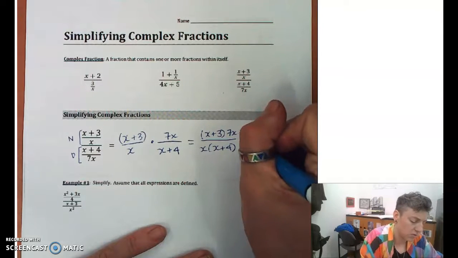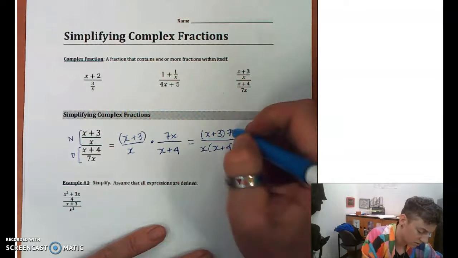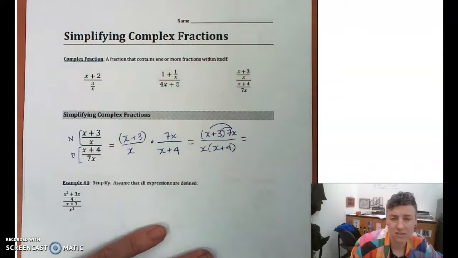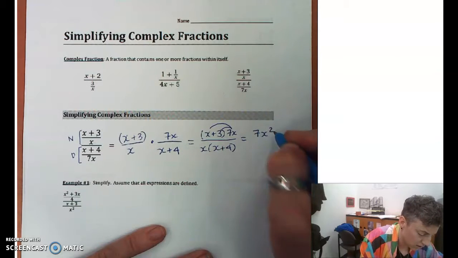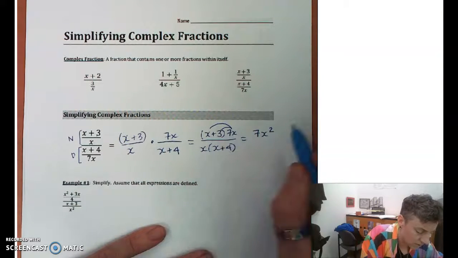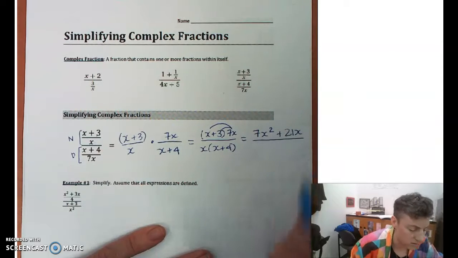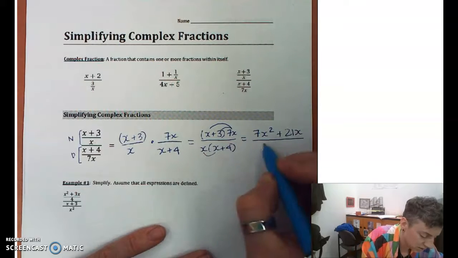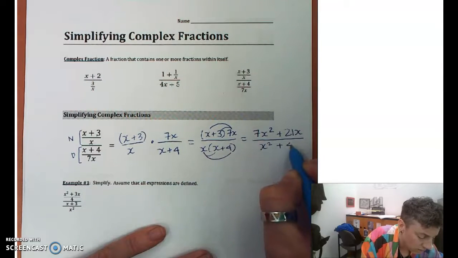Now let's distribute on the top. That's 7x to the x and the 3. 7x times x is 7x squared. 7x times 3 is 21x, all divided by, distribute that here, x times x, x squared, x times 4, 4x.